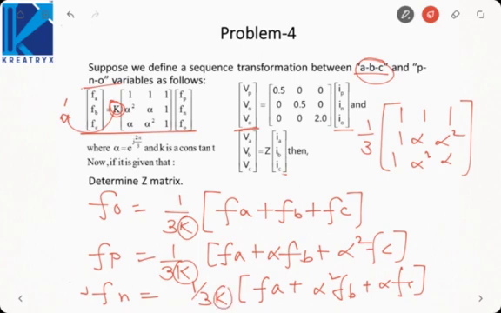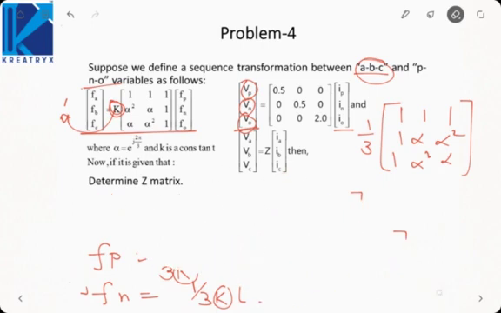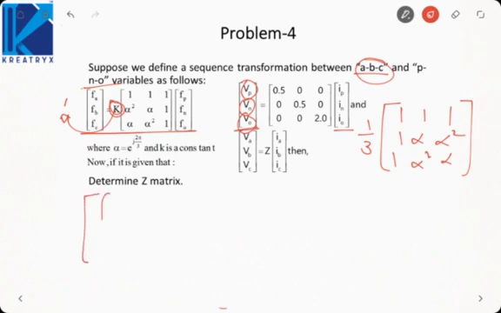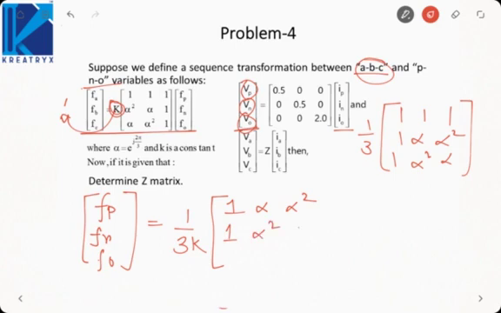Now we have to write in the order Vp, Vn, V0, that is P then N then 0 sequence. So what will be the order? We will write Fp, Fn, F0 as 1 by 3K times [1 alpha alpha square; 1 alpha square alpha; 1 1 1] times FA, FB, FC.